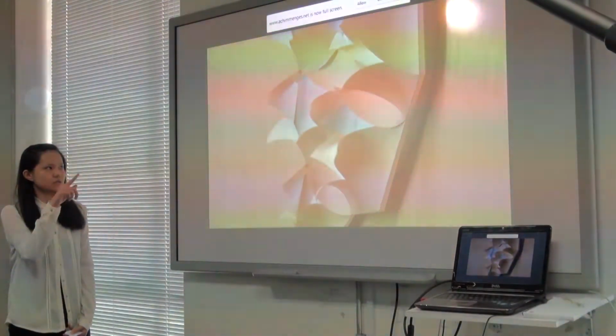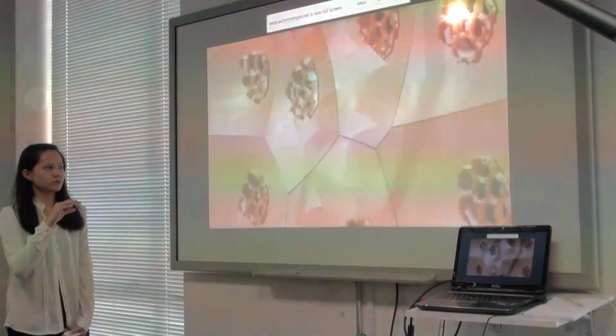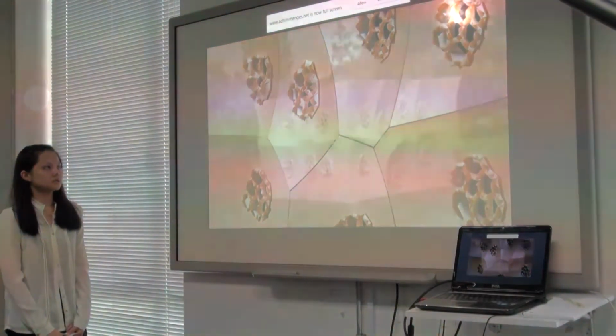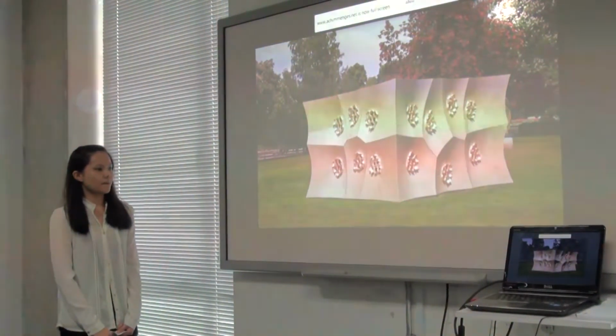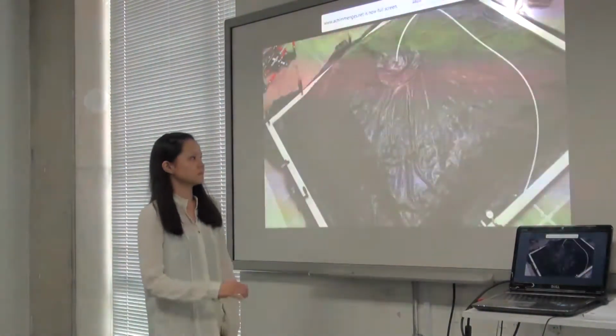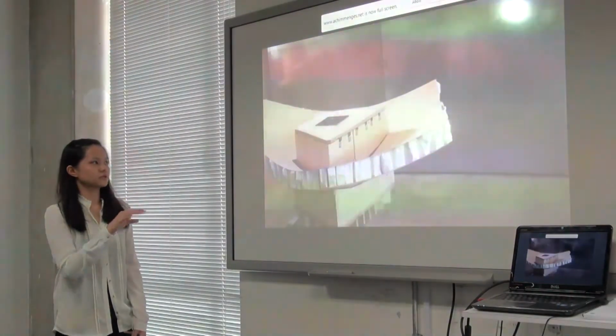By this way, the structure is controlling the entrance of light. And this is how they construct the structure.